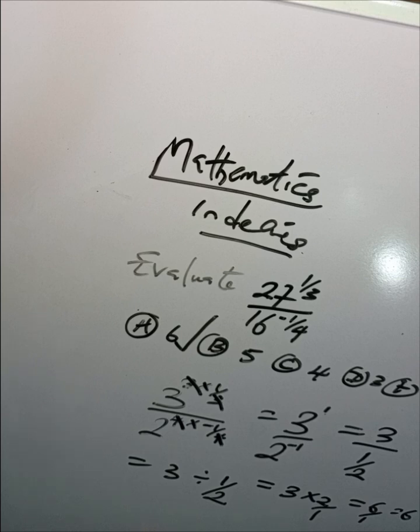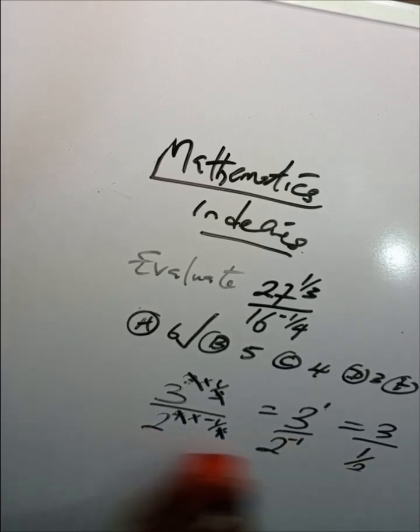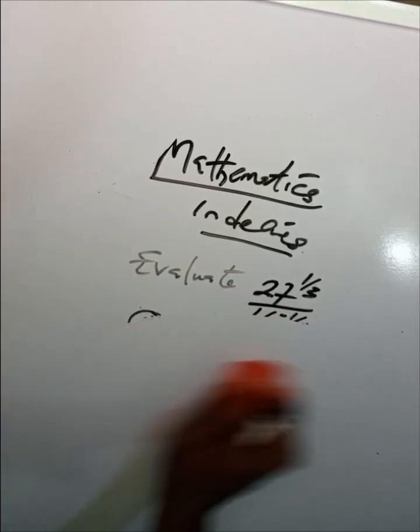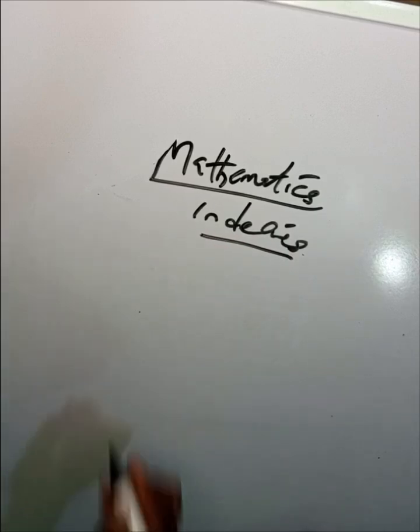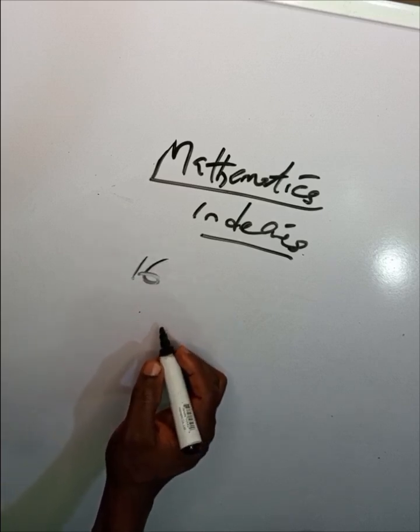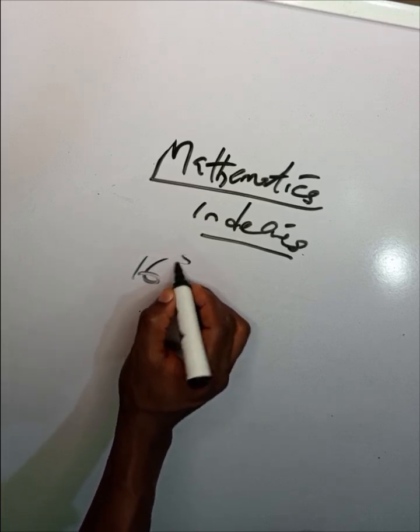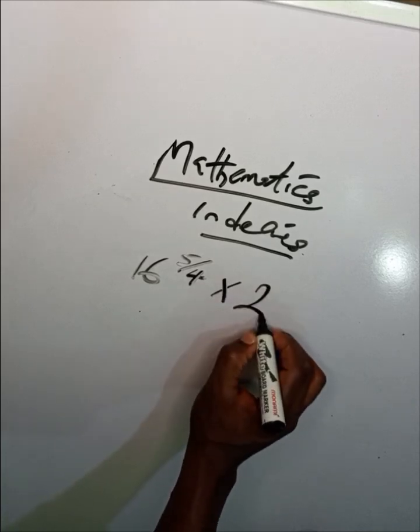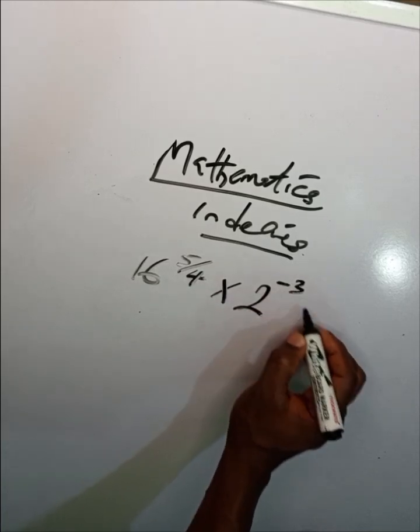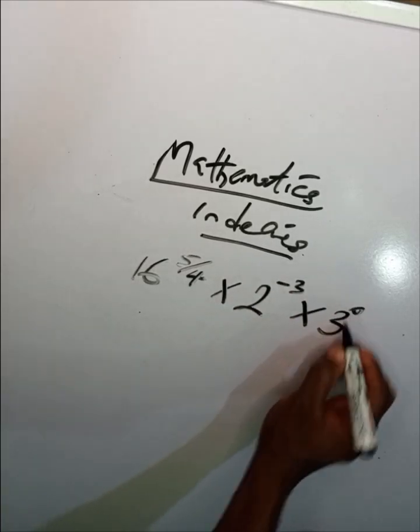Next question. If you have 16 raised to power 5 over 4 times by 2 raised to power minus 3 times by 3 raised to power 0.